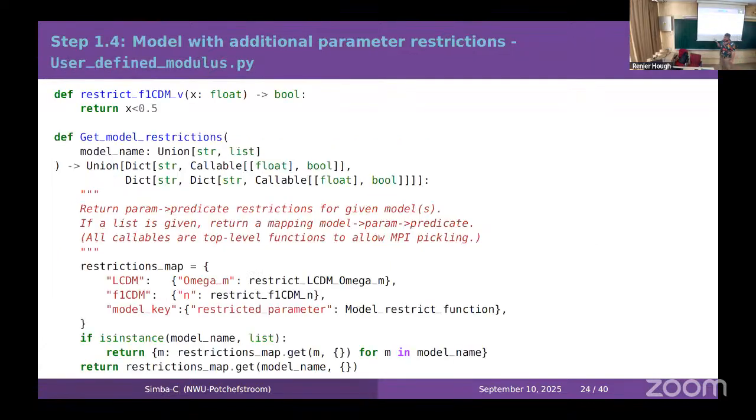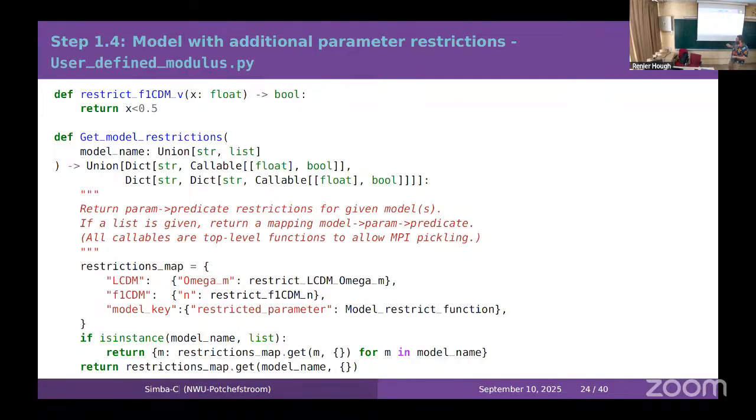If there are restrictions on this model, say your model has a 1 over omega minus delta, well, omega and delta cannot be equal to each other, but the MCMC doesn't know that. So it might test random combinations and they might coincide. So you can add that restriction in, with the same model key, and that's it. That's how you add your new model into the cosmology code.